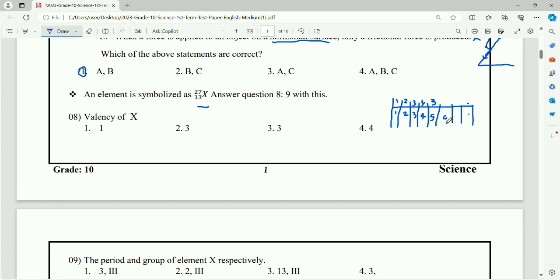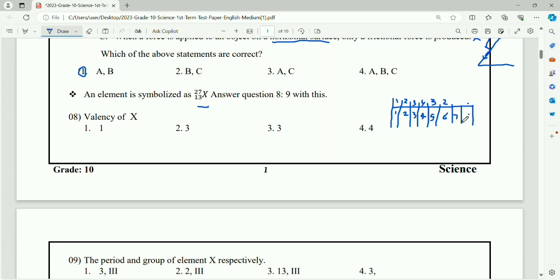Group 6 has 6 electrons present in the last orbit. So it will get 2 electrons and get a stable electronic configuration. Group 7 has 7 electrons in the last orbit.